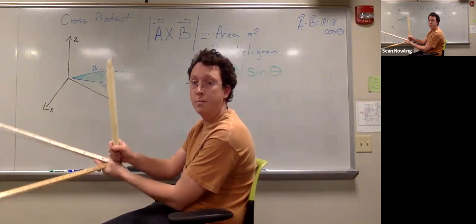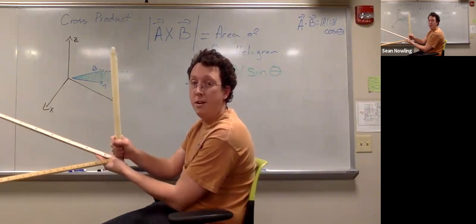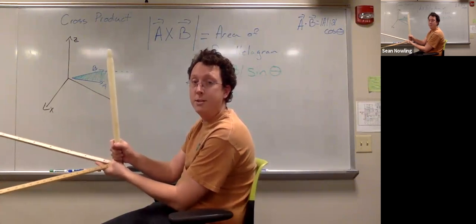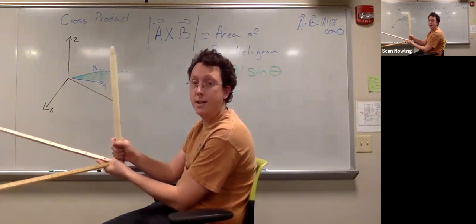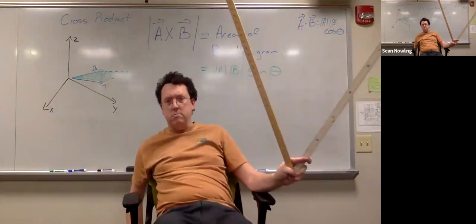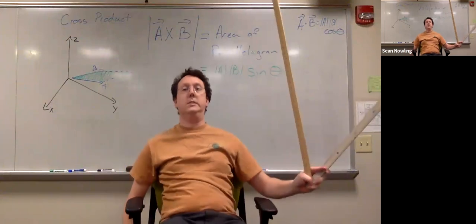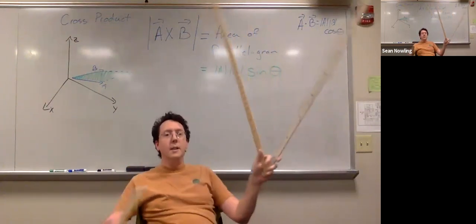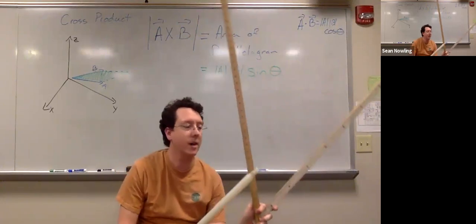Let's try a couple, because it's not hard, but if you read about it or if somebody just says it, it's like, what the heck? All right, let's try another one. Hold them up here. Okay, here we go.